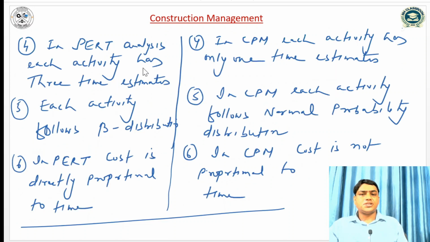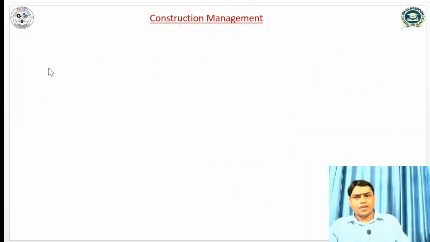In PERT analysis, each activity has 3 time estimates. In CPM, each activity has only one time estimate. In PERT each activity follows beta distribution, in CPM each activity follows normal probability distribution. In PERT, cost is directly proportional to time, and in CPM, cost is not directly proportional to time. So let us start with PERT.